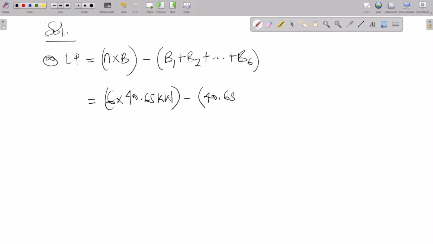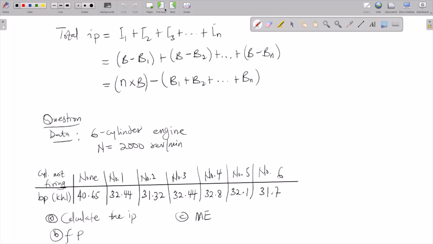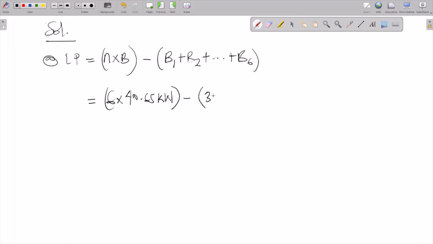So when cylinder number one has been cut off, the brake power was 32.44 kilowatts.